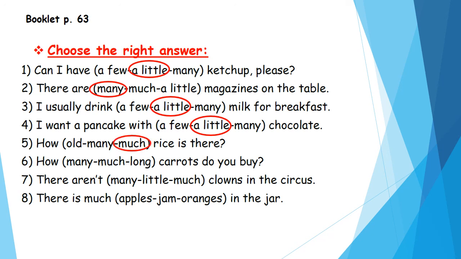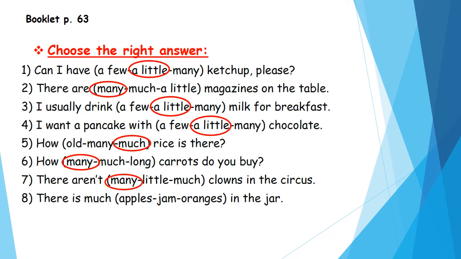Super, much. Number 6. How many much long carrots do you buy? Yes, carrots is countable. So we'll use what? Super, many. Number 7. There aren't many little much clowns in the circus. Clowns is countable. So we'll use what? Many.